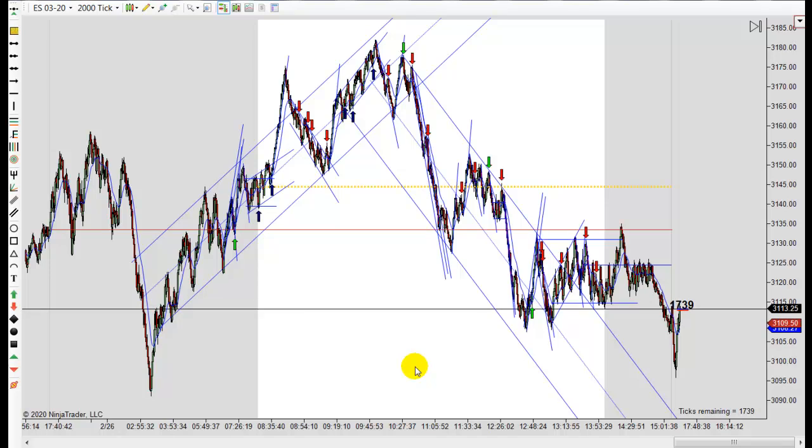It's hard enough to find an entry and get your move, but if you put your stop in the wrong place... There's a reason we put it there, and that's to protect the trade. If you look at most of your moves, prices don't go back and take out that swing high or swing low unless you just read it wrong and prices are going to continue in the other direction.